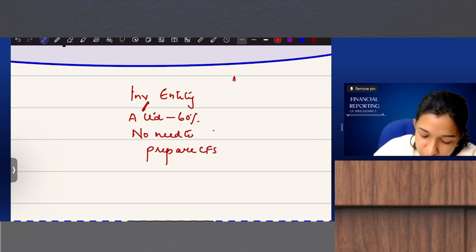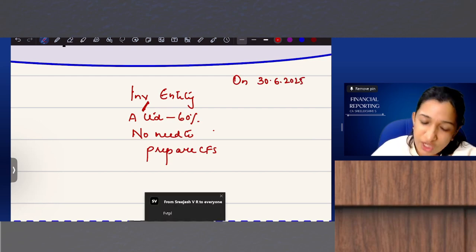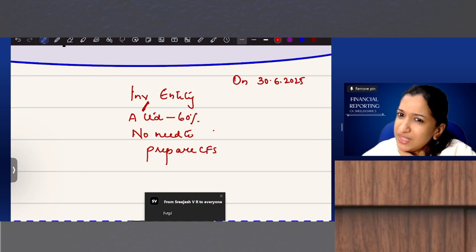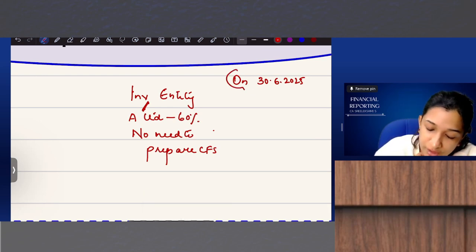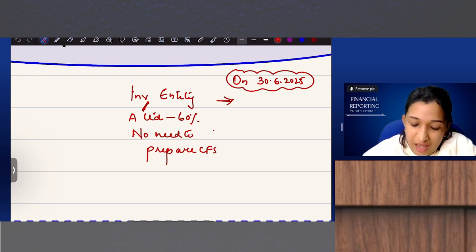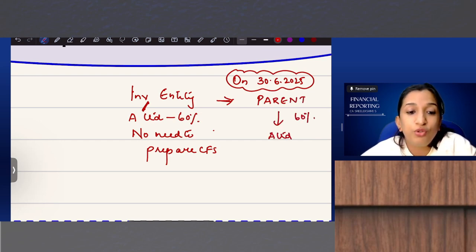On say 30th June 2025, the investment was measured at FVTPL. Investment entities will measure investments at FVTPL. Now, on 30th June 2025, it changed its status as an investment entity. Then it becomes a parent company, having an investment in A Limited of 60%. Then what should you do?